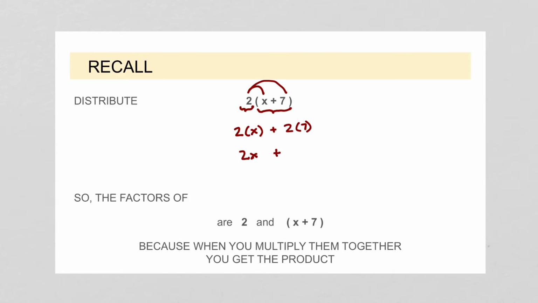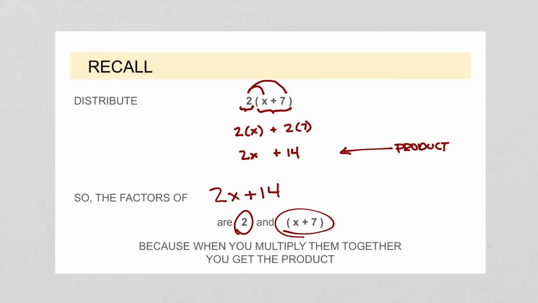Positive 2 times positive 7 is 14. So what I've got is my final expression, my product, after I've distributed. The factors of that product, 2x plus 14, we can see by looking back were 2 and x plus 7, because when I multiplied them together, I got that final product.